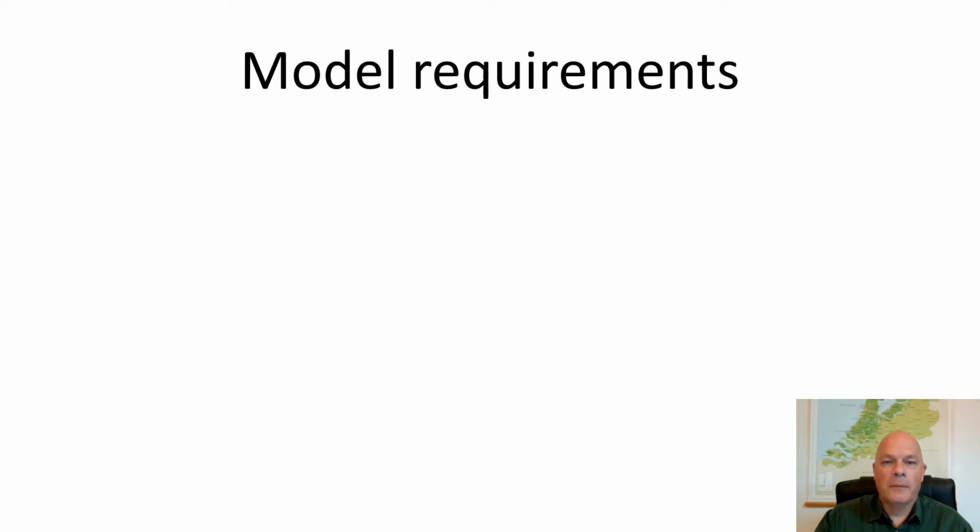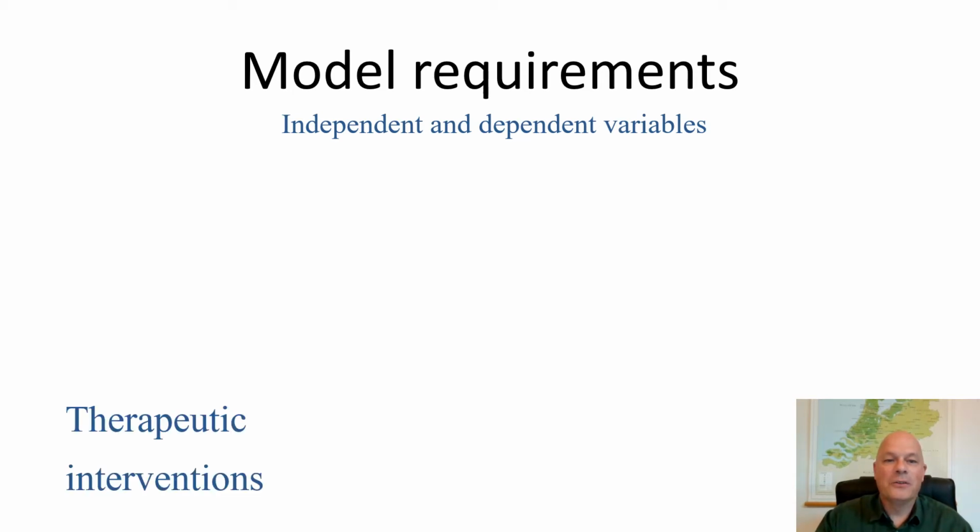Now, when we sat around a table at the University of Florida almost 30 years ago, we set model requirements, and I helped my colleagues think in terms of independent and dependent variables. In clinical terms, they're called therapeutic interventions and monitored signals.